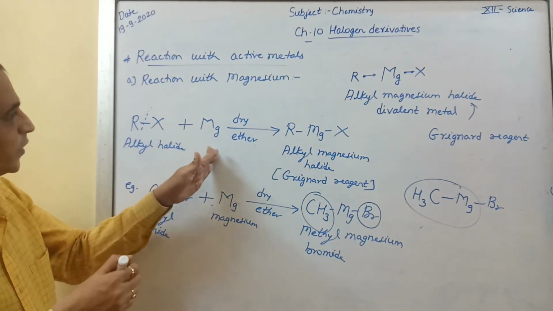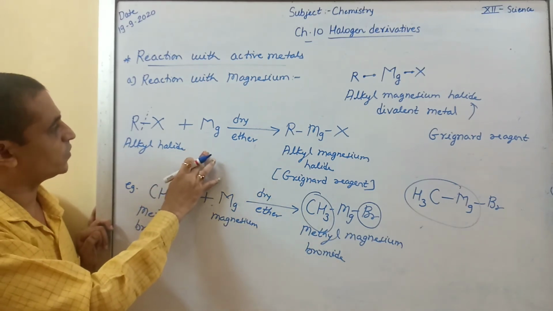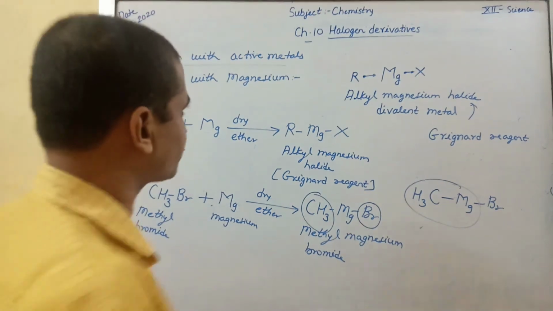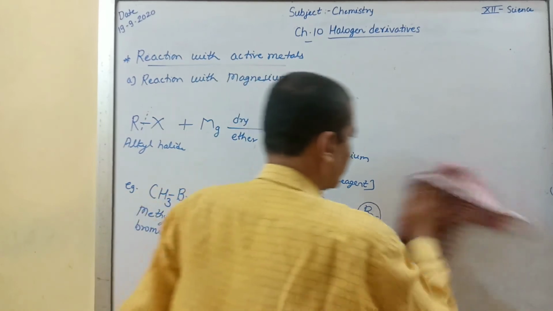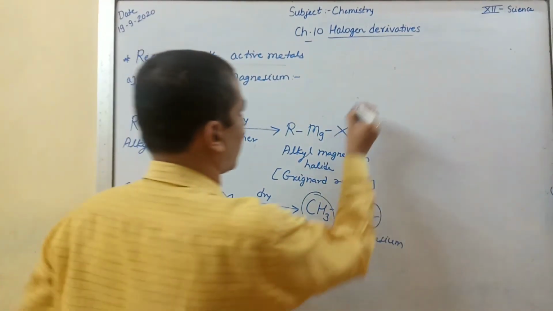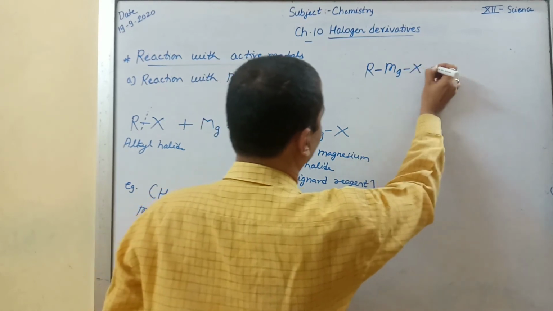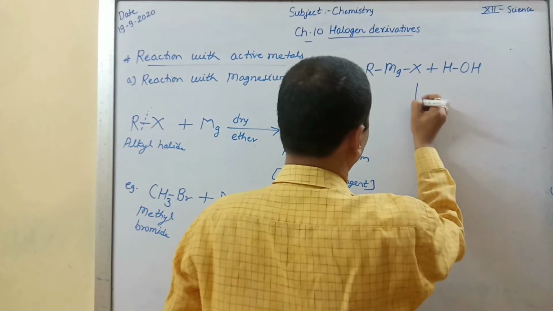Now, here we are using dry ether and dry magnesium metal. What is the reason for that? If you use moist condition, then what happens? We'll see. RMgX is very reactive, so it can easily react with what? Water.